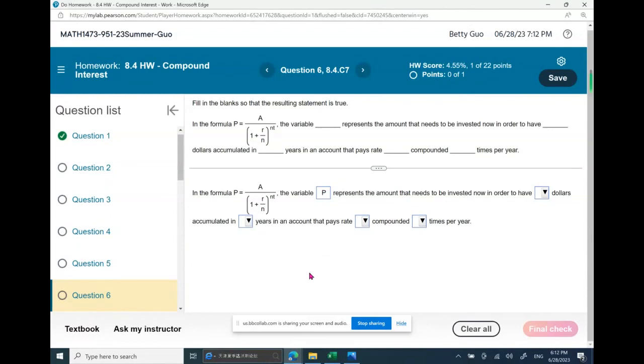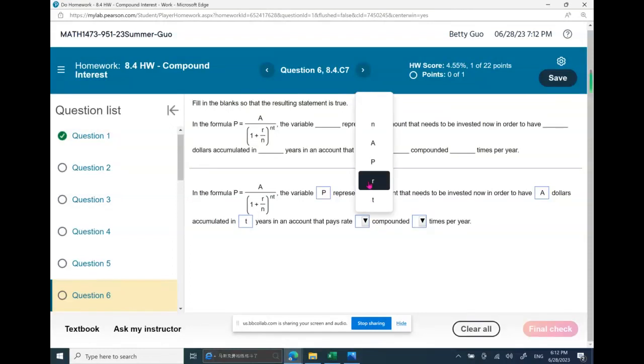As I explained earlier, in the case of compound interest, the principal is growing. So P here is the money you originally invest to have $8. A is the accumulated balance. T here represents time in years, the time that you keep your money in the savings account.